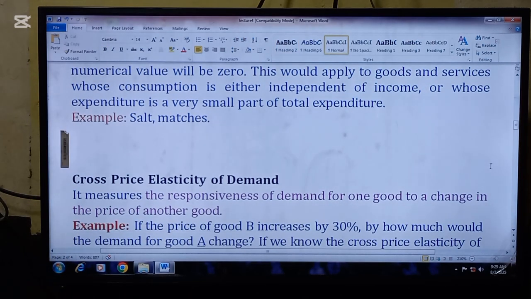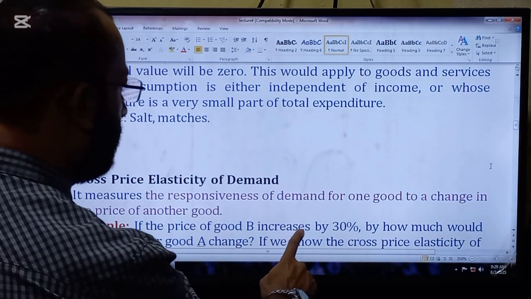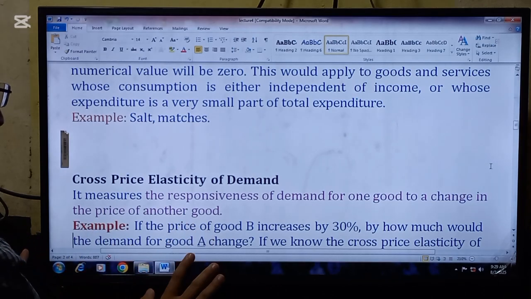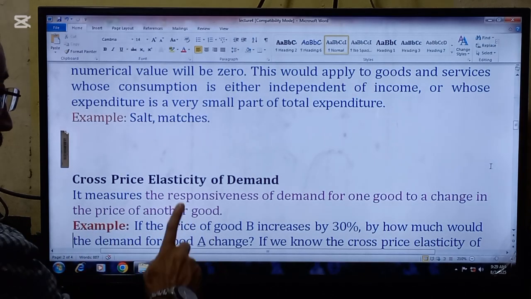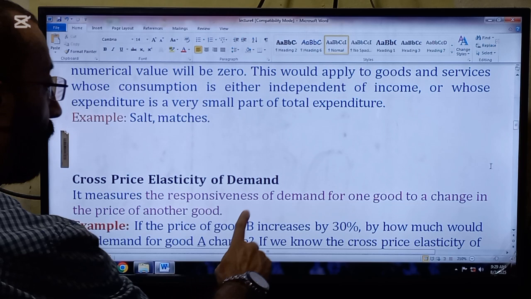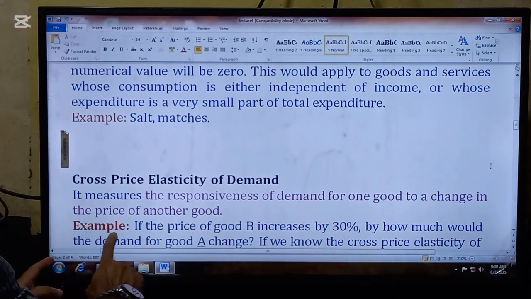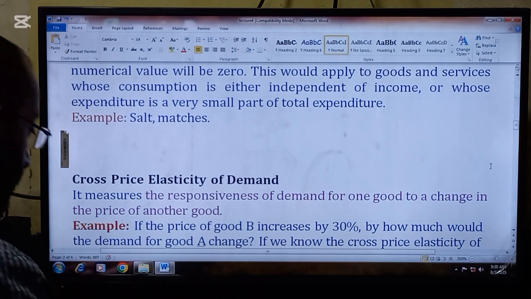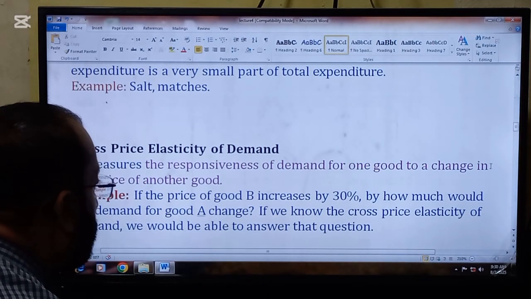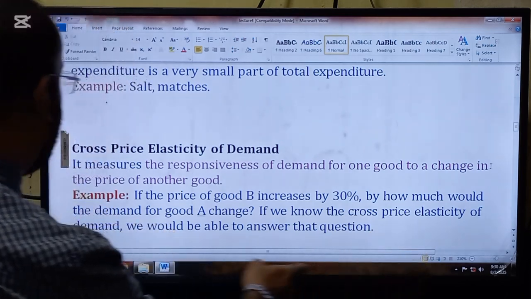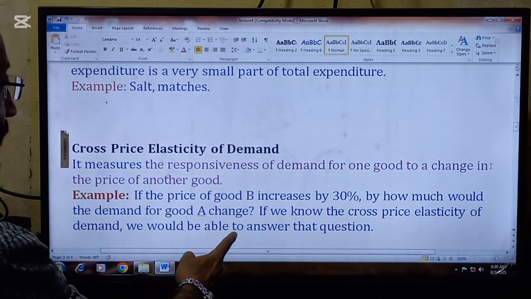The next thing that we are going to read in the lecture is the cross price elasticity of demand. It measures the responsiveness of the demand for one good to a change in the price of another good. An example is, if the price of good B increases by 30%, by how much would the demand for good A change?